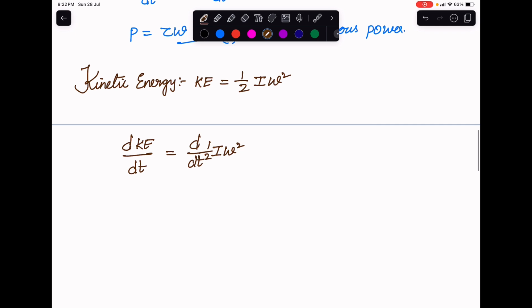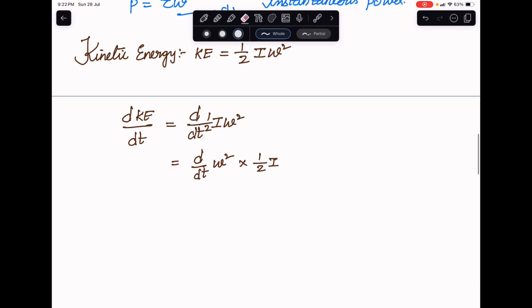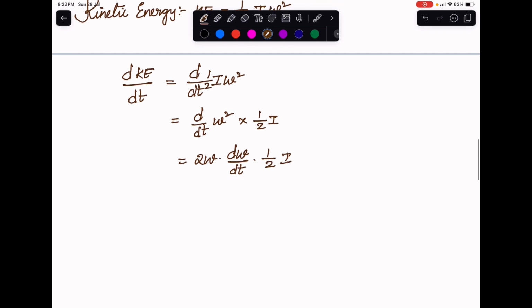As half and I are constant, I would like to only differentiate omega square, into half I. So it is under the chain rule, therefore it will be 2 omega into d omega by dt, times half I. So the overall expression, dKE by dt, is nothing but power only, as we discussed.